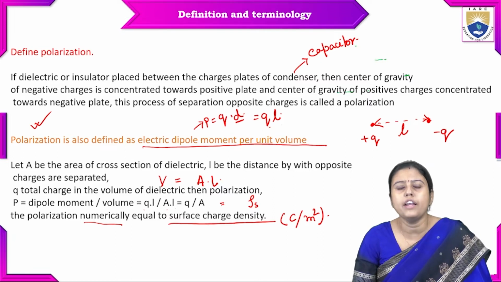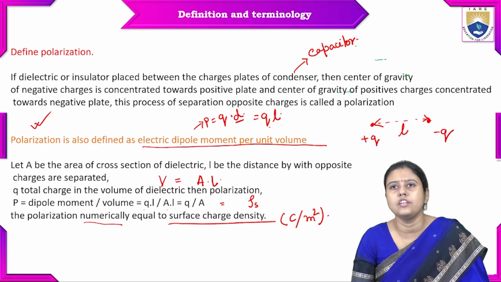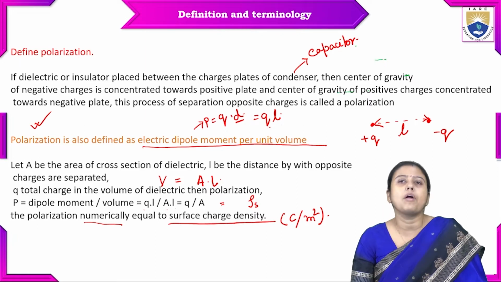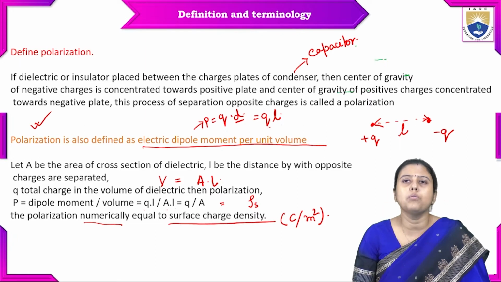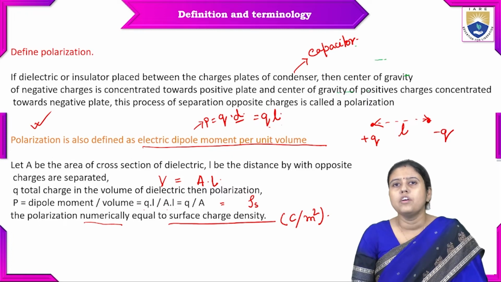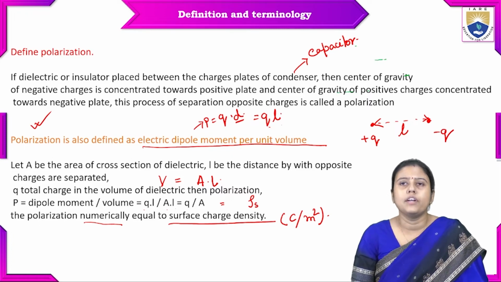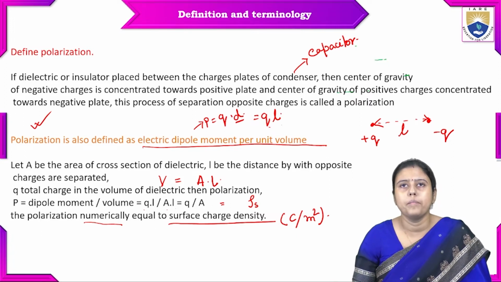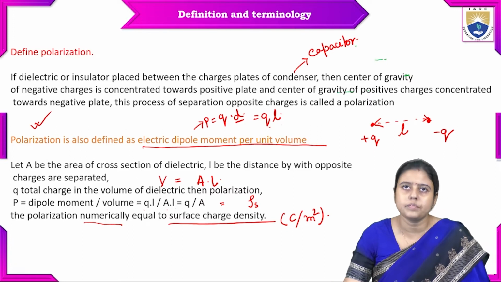Dipole moment per unit volume. Q into L divided by A into L is equal to Q by A. Again, from unit 1, we know Q by A is nothing but the surface charge density. So numerically, the polarization is equal to surface charge density, and its unit is coulomb per meter square.